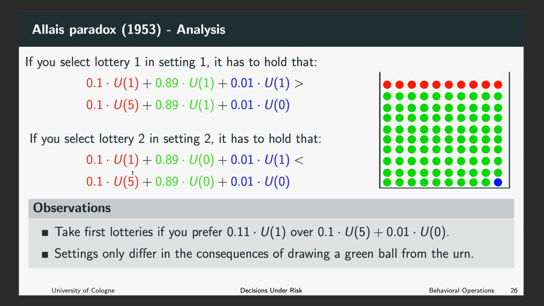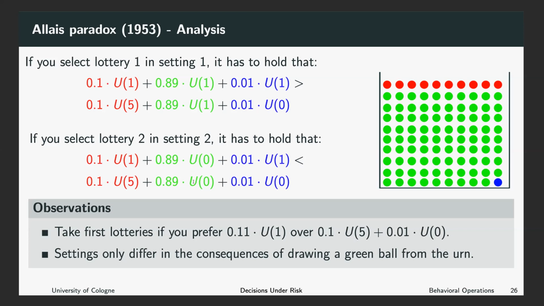Setting 1 and setting 2 only differ in the consequences of drawing a green ball from the urn. So this trade-off is always the same, and the only difference is given by what happens if a green ball is drawn, but the green ball has the same consequences for both lotteries in the respective settings.